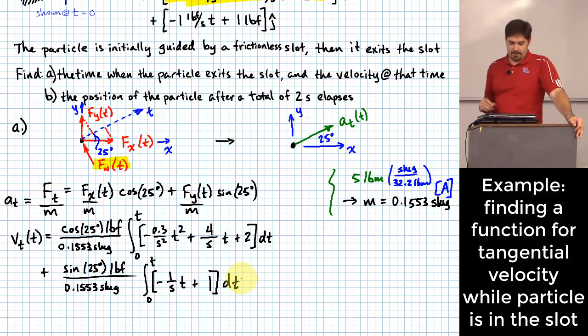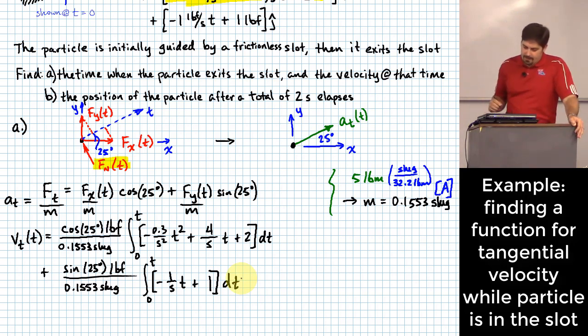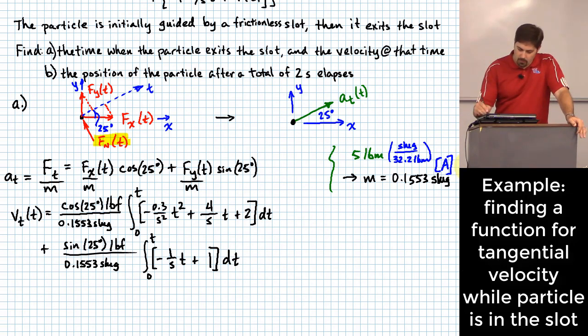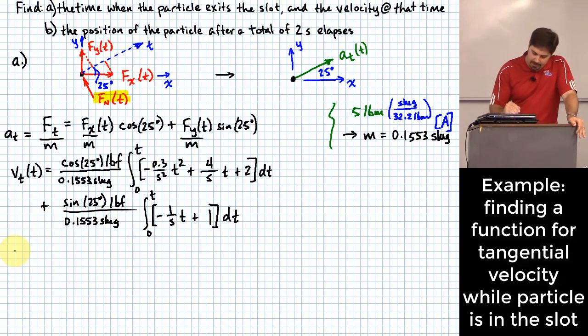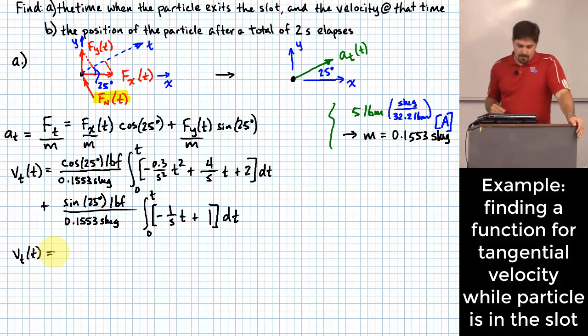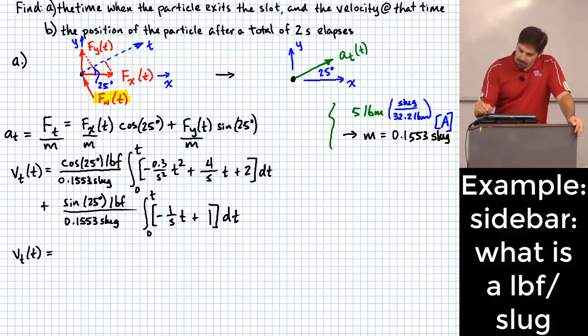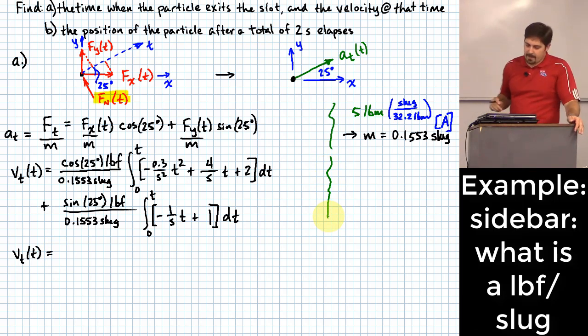All right, so there is an expression that I have for the velocity. What I need to do now is actually integrate it. Real quick, another sidebar before I integrate that. What is a pound force per slug?